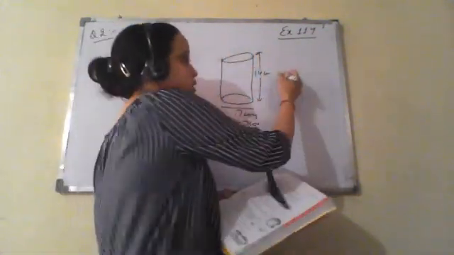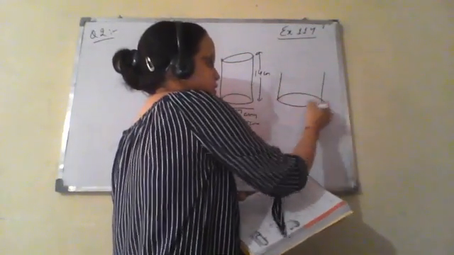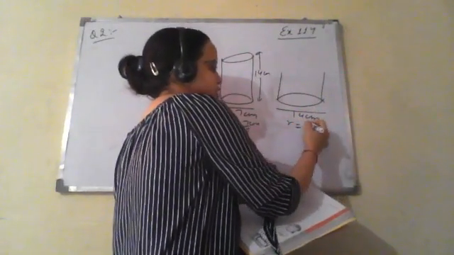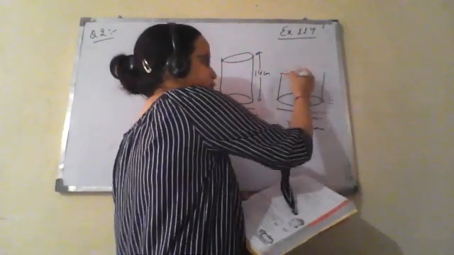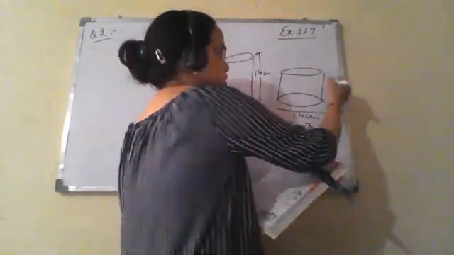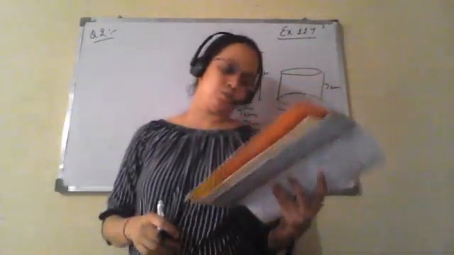Clear? And there is another cylinder. Diameter is 14 centimeter, radius will be 7 centimeter and its height is 7 centimeter. Now without actual calculation you have to suggest whose volume is greater.